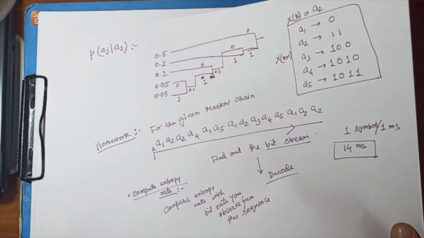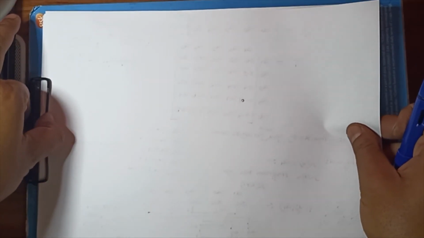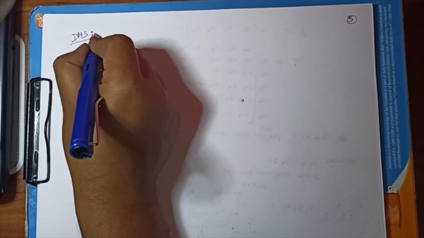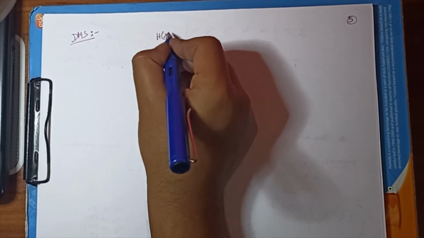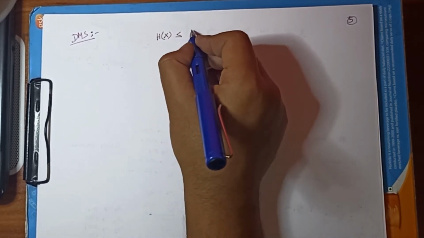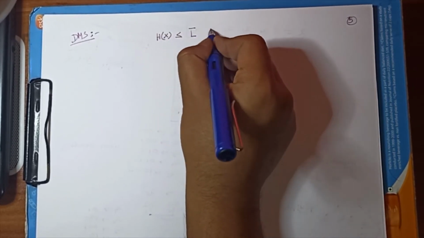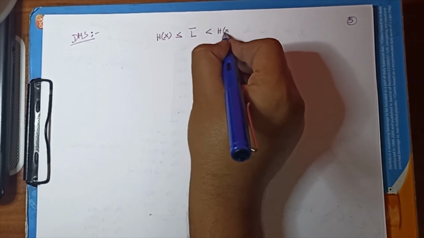Next, I'll move towards the inequality of entropy. I am going back to DMS, a discrete memoryless source. Suppose you have a discrete memoryless source, and I know the source coding inequality, which is H(X) is less than or equal to the average length, which is less than H(X) plus 1.